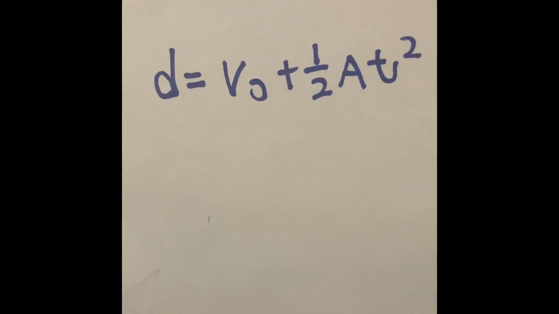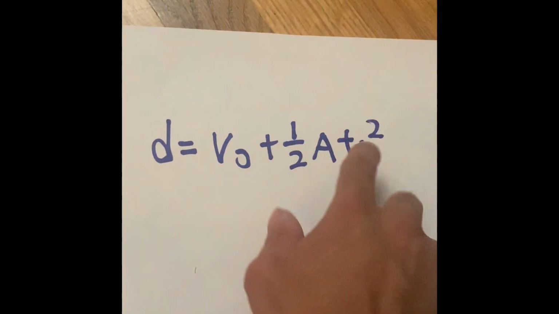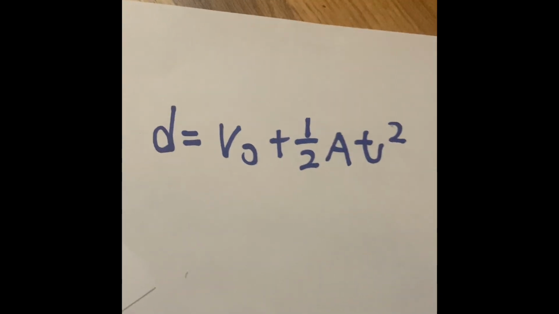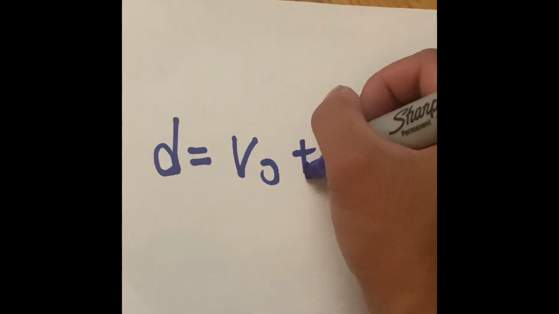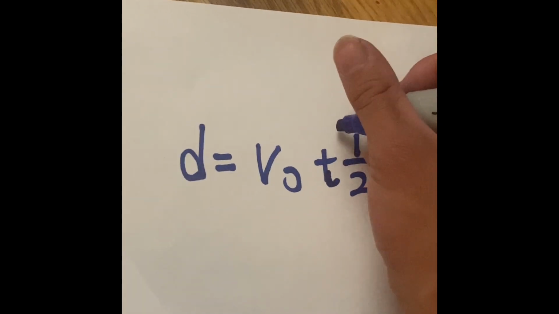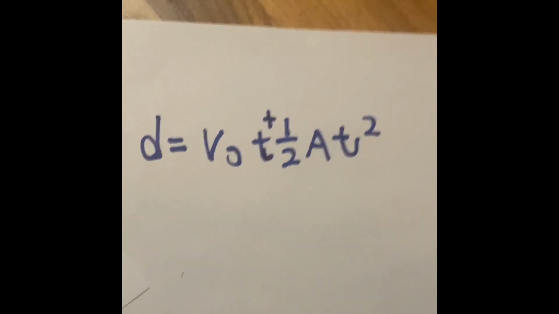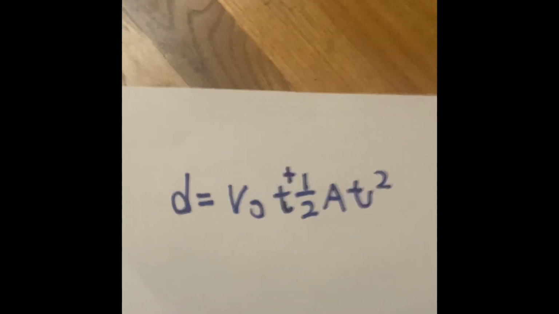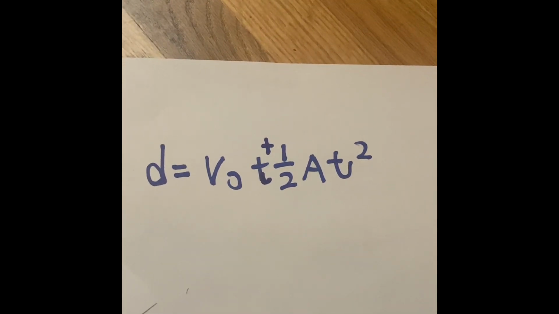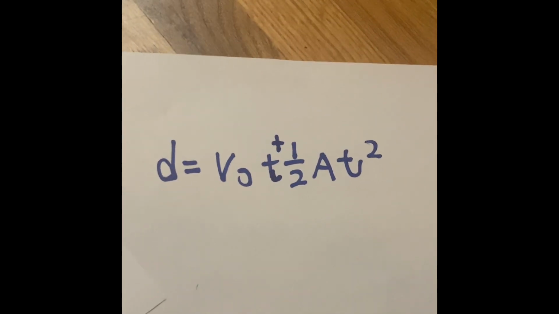This one, however, over here, yes, there is a t squared right here, and your displacement is going to be your initial velocity multiplied by your time, then we have to add 1/2 the acceleration times t squared.